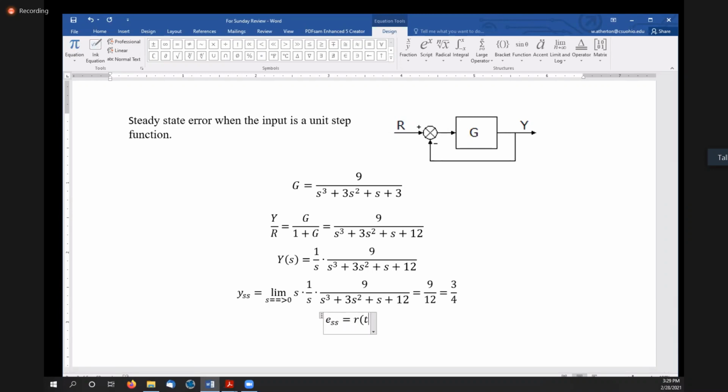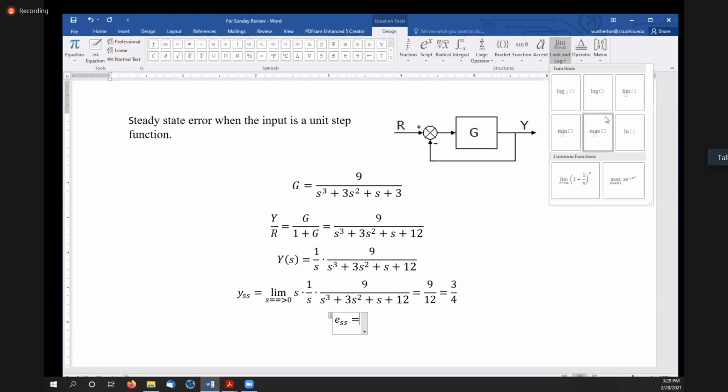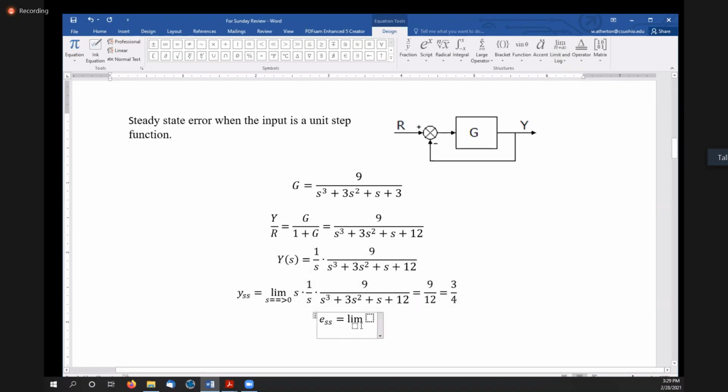R of t minus, and this is overkill, but I'll do it anyway, as t goes to infinity of the input minus the output.